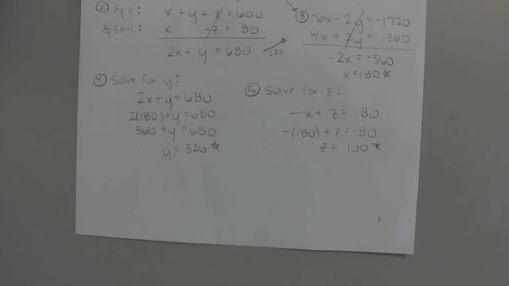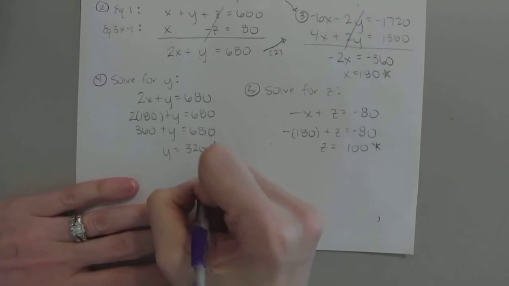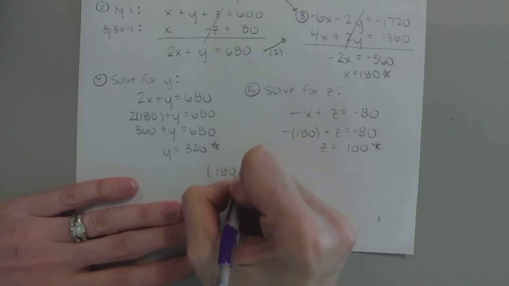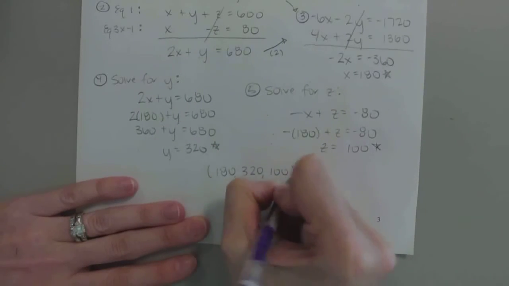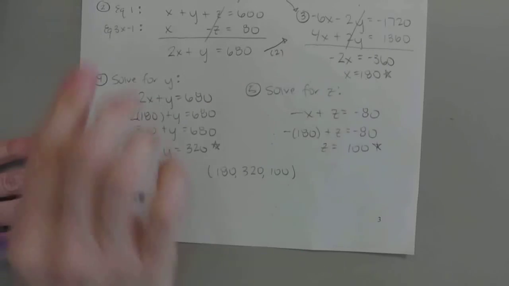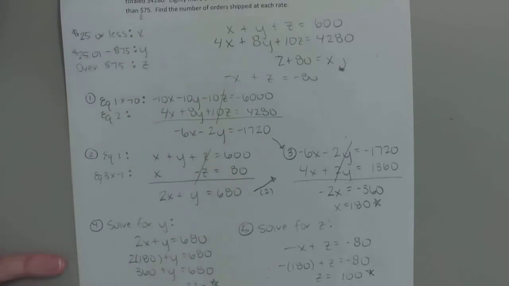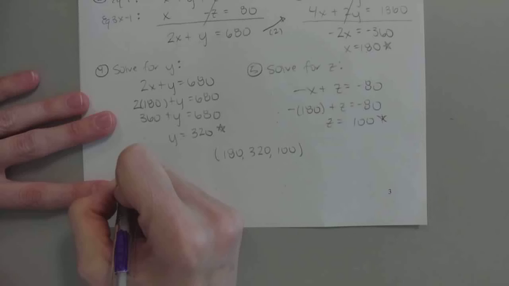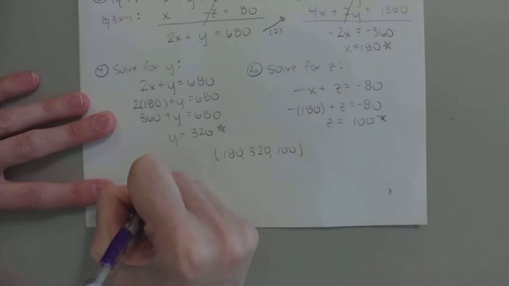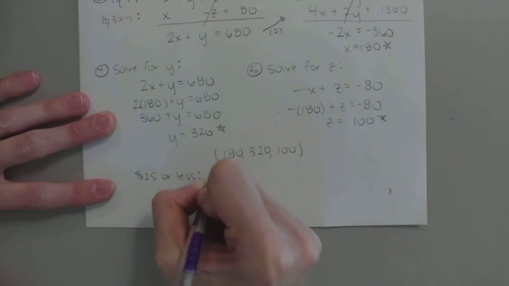I think this is one case where they don't want it as a triplet, though you can write it that way if you want: 180, 320, 100. I think what they have is like what we did up here, how many of each order do you have.